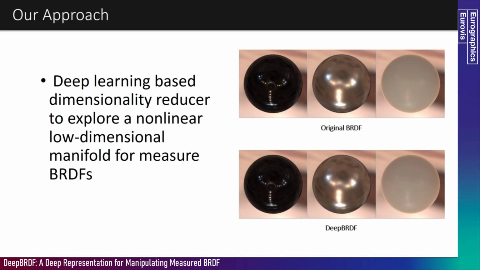Inspired by the success of convolutional neural networks in many fields, we proposed Deep BRDF, a deep learning-based representation to explore the low-dimensional subspace of real-world BRDFs. Our network is an autoencoder which can explore a nonlinear low-dimensional manifold.